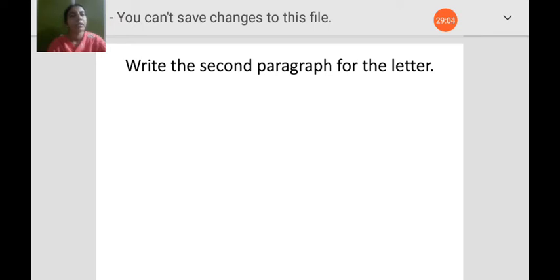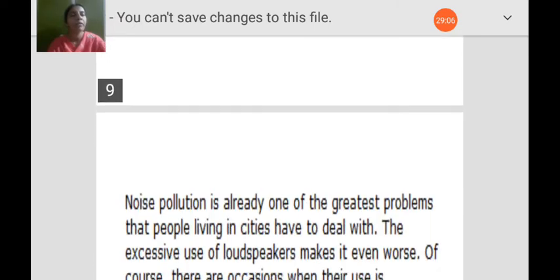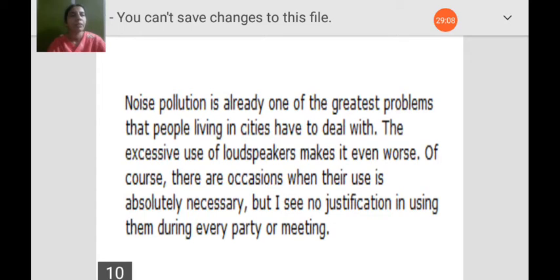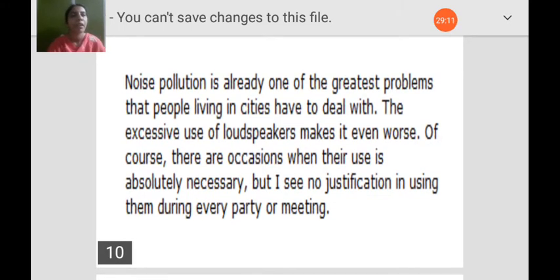Now let us look at how I have designed the second paragraph. Here I am discussing the problems. Noise pollution is already one of the greatest problems that people living in cities have to deal with.